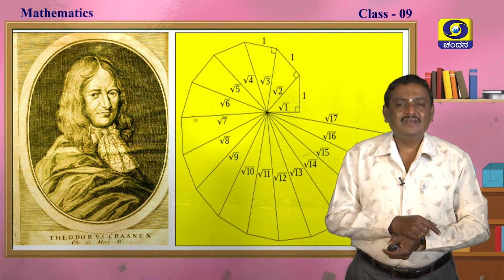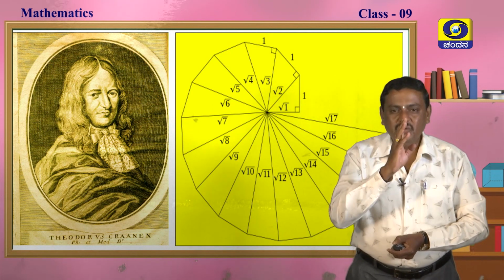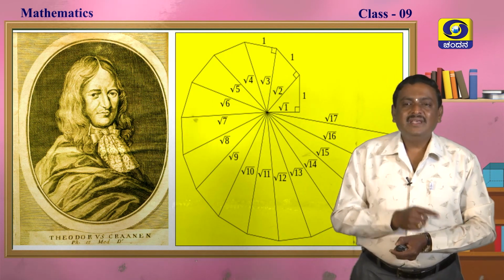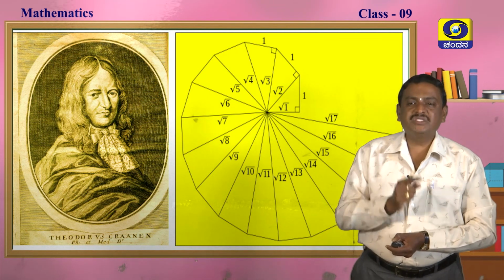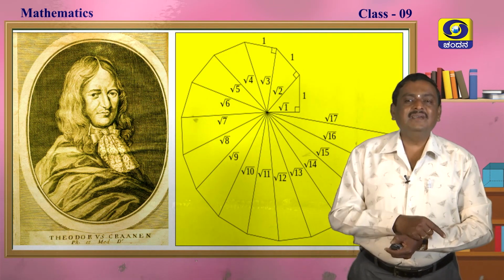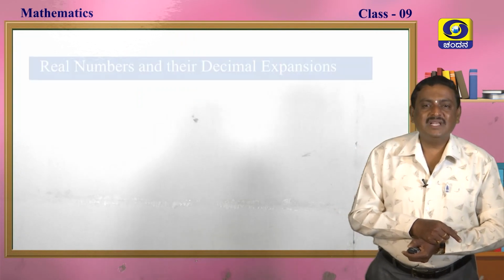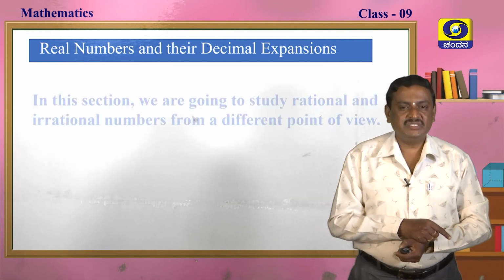He is one of the greatest mathematicians. I salute his work. This wheel is called Theodorus wheel. He represented root 2, root 3, root 4, root 5 up to root 17 in a single plane.